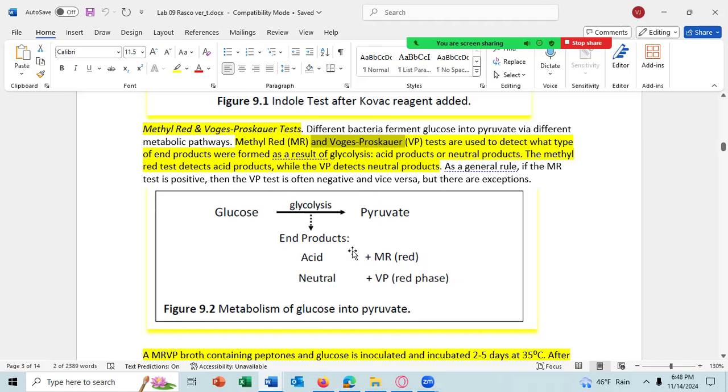If the MR test is positive, meaning acid is produced, it will be red in color. The VP test, if it's positive, will also be red in color, meaning a neutral product was made from glucose glycolysis. Any questions about any of that? All right.